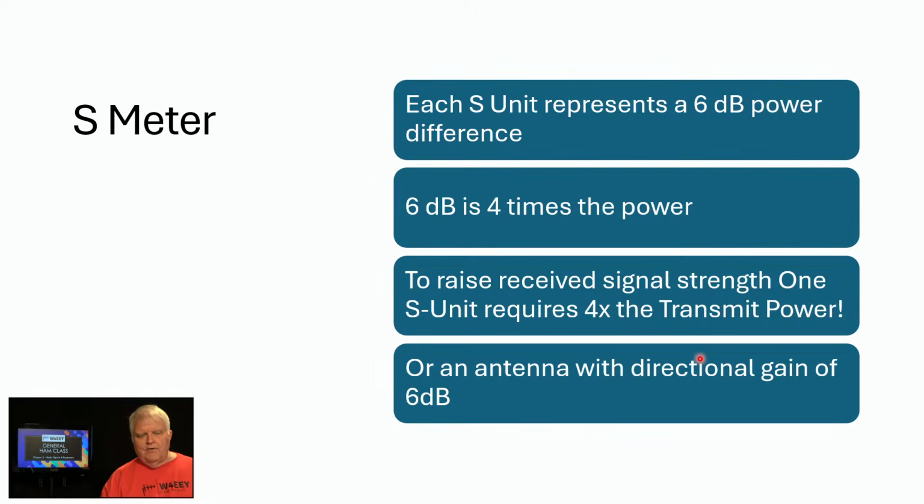So each S unit represents a 4 times or 6 dB power increase, and an antenna with a directional gain of 6 dB also gives you that 4 times power increase. So that's where we say antenna gain can be most important, because it's on transmit and on receive as well.